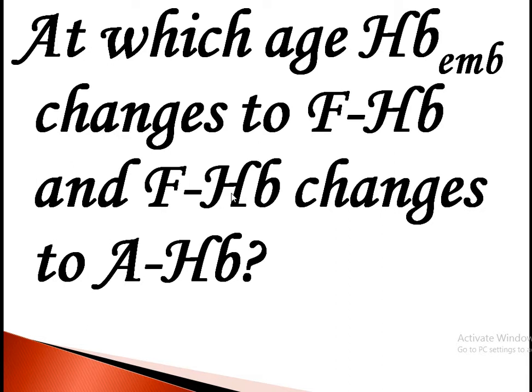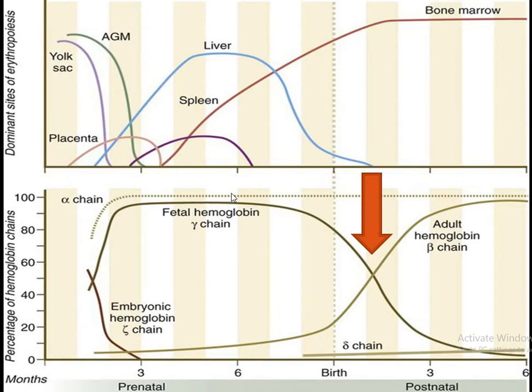This is a very important viva question, and the answer to this question is this graph. In the upper portion of this graph, I am showing you the areas for erythropoiesis. This is the prenatal period and this is the postnatal. This demarcation is birth.